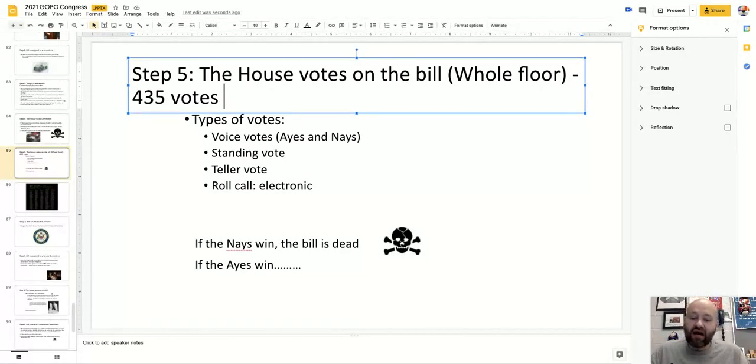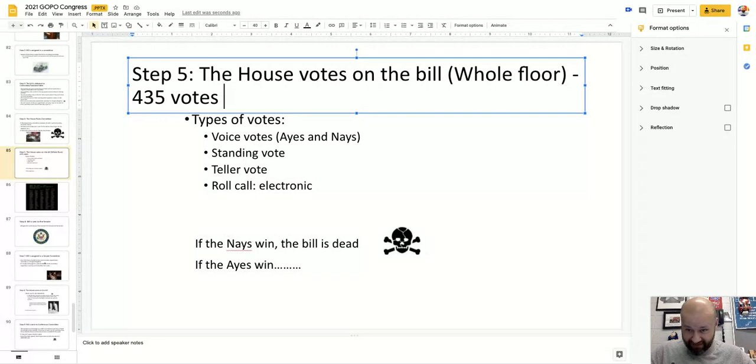And the one that you'll see a lot of is the roll call, where up on a board there'll be all the Congress people's names and red lights beside the ones that said no, and green lights beside the ones that said yeah.